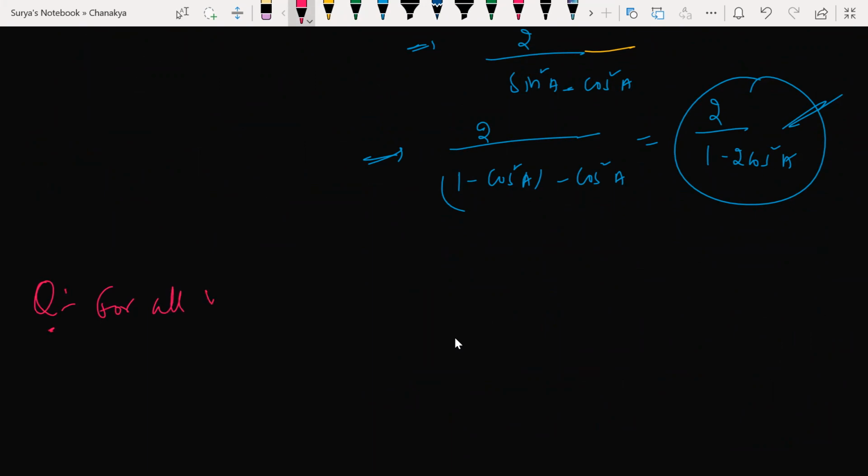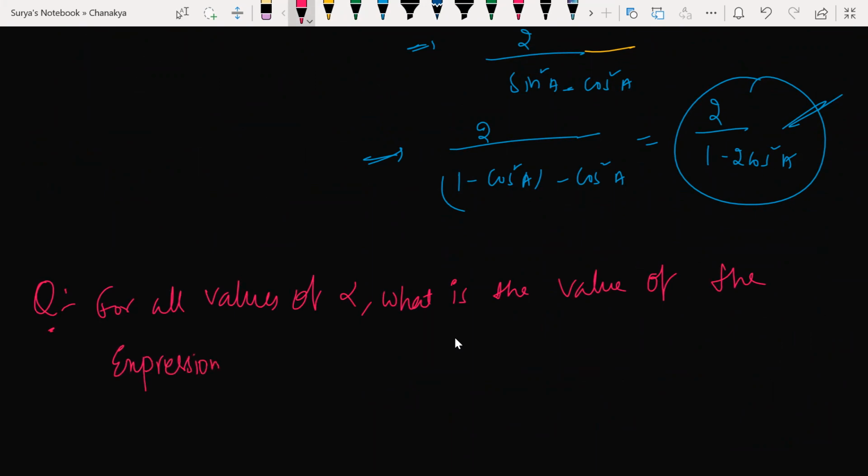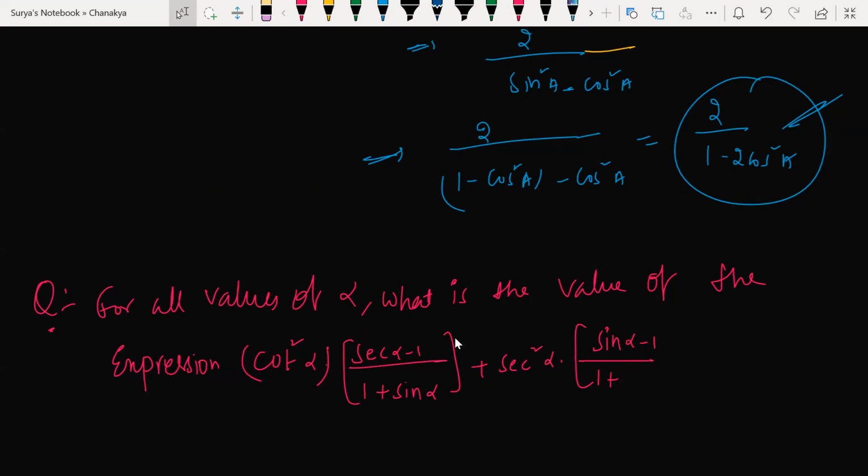For all values of alpha, what is the value of the expression cot square alpha into secant alpha minus 1 divided by 1 plus sin alpha, plus secant square alpha into sin alpha minus 1 whole divided by 1 plus secant alpha?